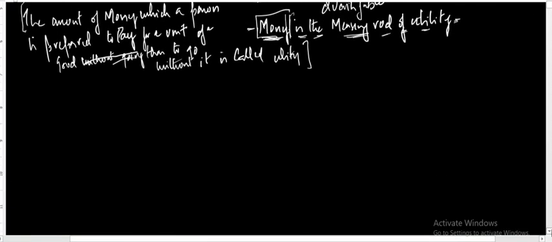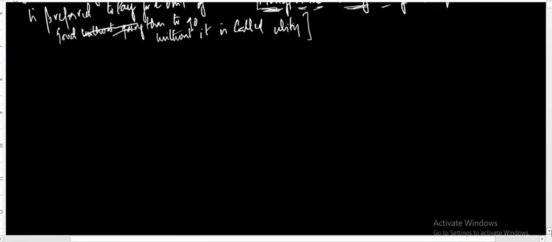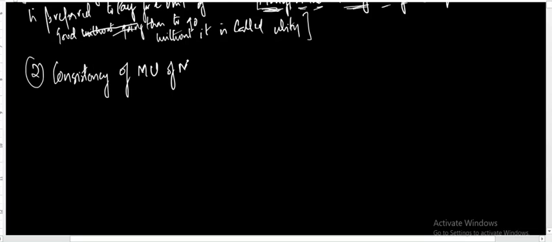Now moving on to the second one, that is consistency of marginal utility of money. What does this mean?